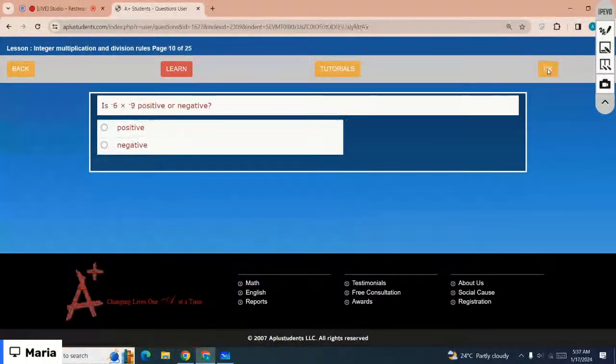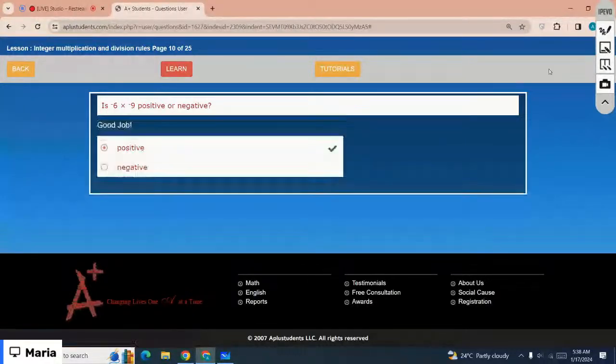Is negative 6 multiplied by negative 9 positive or negative? Positive it is. The correct option is positive.